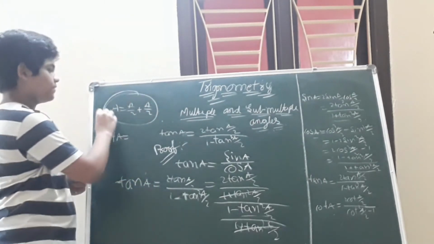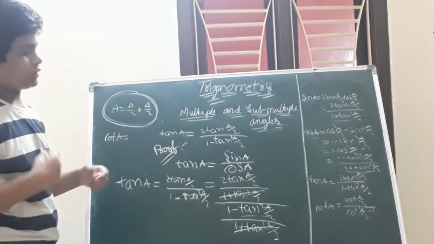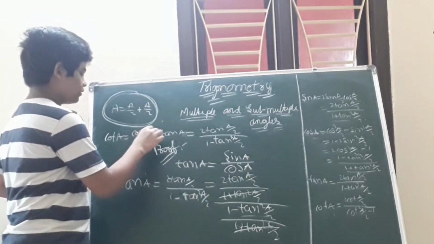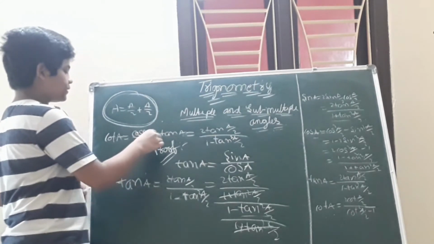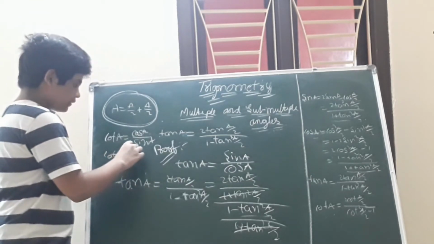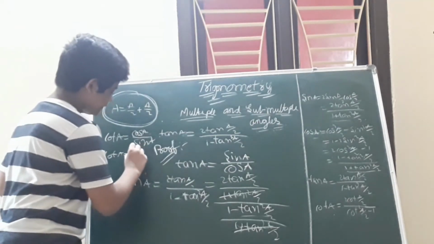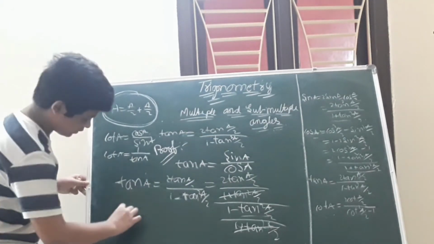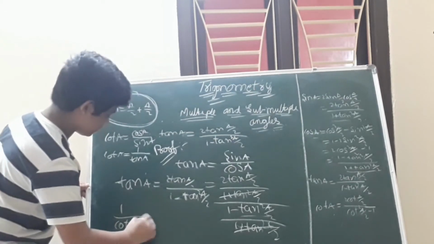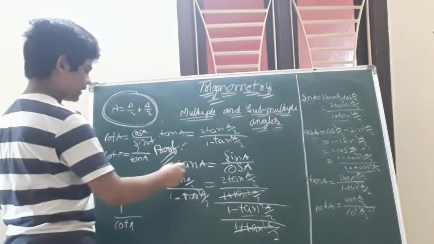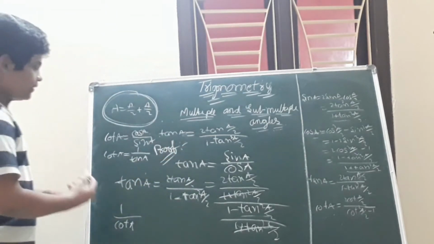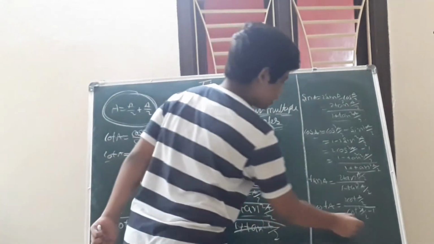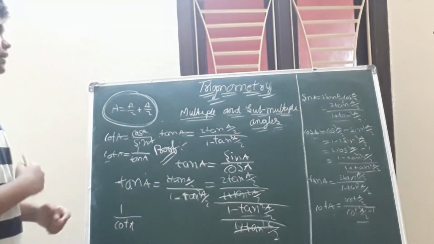The first method is writing A by 2 plus A by 2 in the place of A, the second method is, in place of cot A we have to write cos A by sin A, and the third method is, we can write cot A as 1 by tan A. So here you have to substitute 1 by cot A in place of tan, then you will get the answer: cot A is equals to cot square A by 2 minus 1 by 2 cot A by 2.